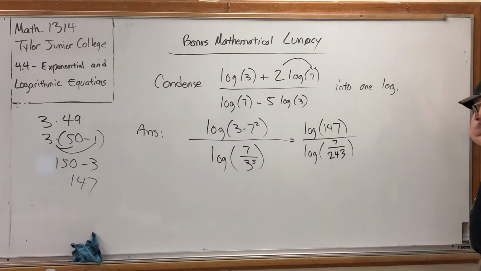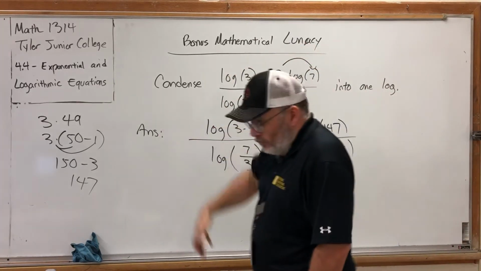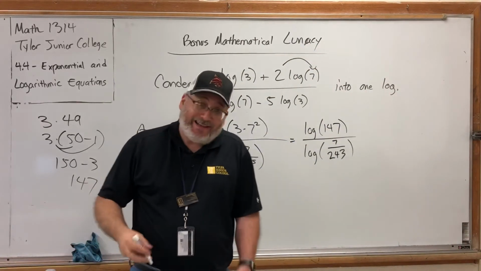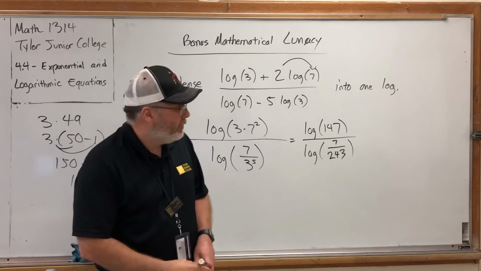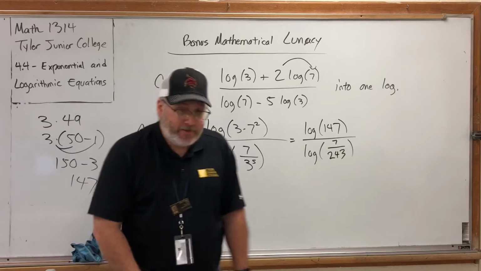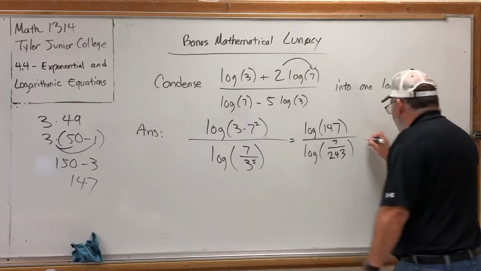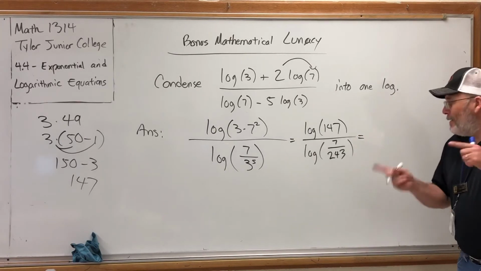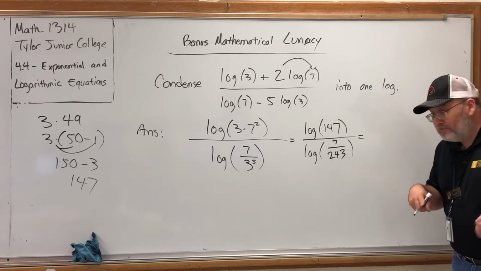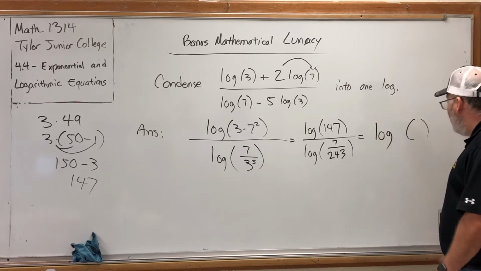Okay, so we got it down to 2 logs, but now what? We have 1 log on top of another, and none of our rules for condensing or expanding said anything about 1 log on top of another, but another rule did. Remember the change of base property? It said this equals a ratio of logarithms. If we do the change of base property backwards, remember how it worked?